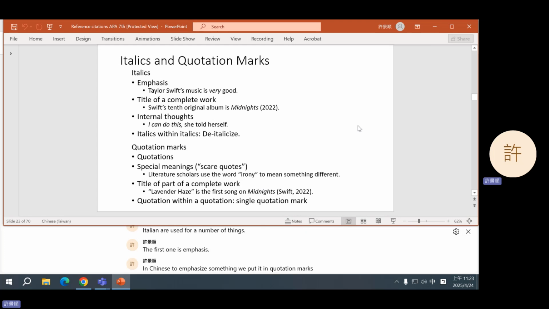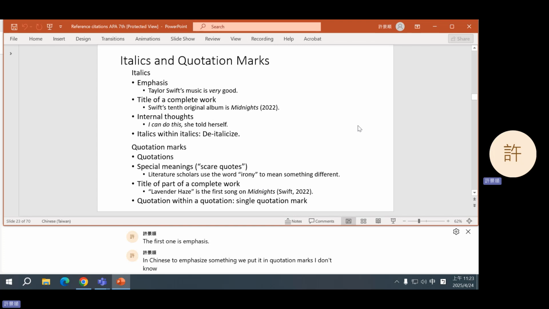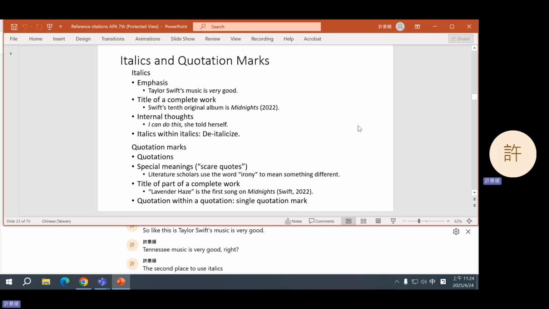English is different. English uses italics to emphasize. So, like this example, Taylor Swift's music is very good. No, Taylor Swift's music is very good, right? Emphasis.